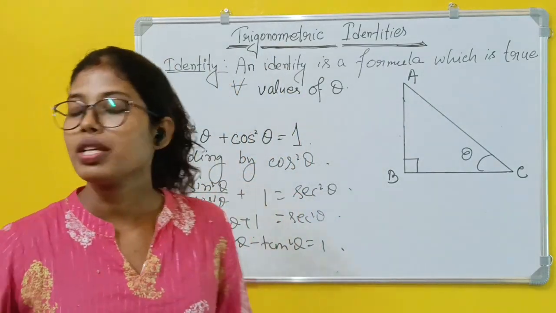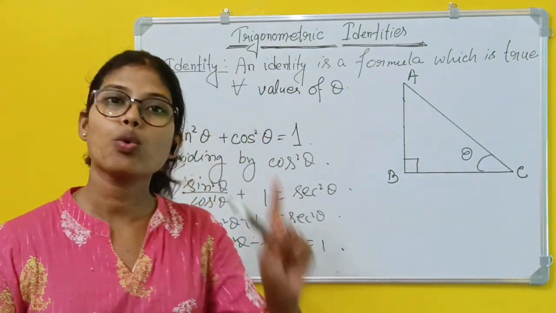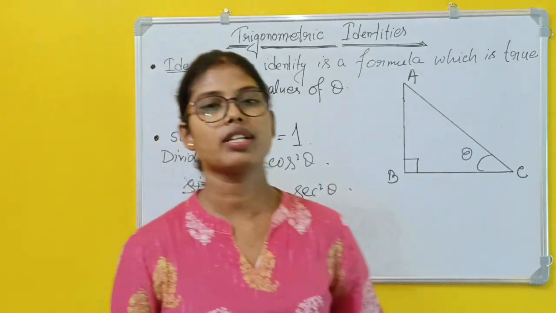Now, what is the proof of the third identity? That is cosec square theta minus cot square theta is equal to 1.